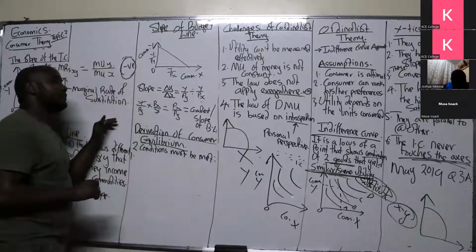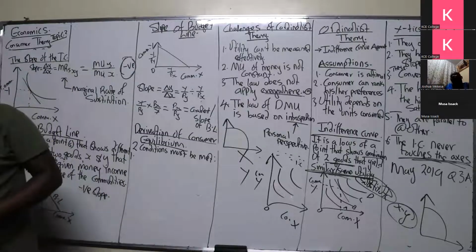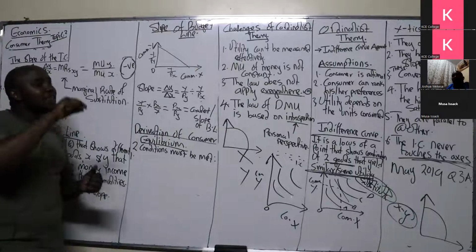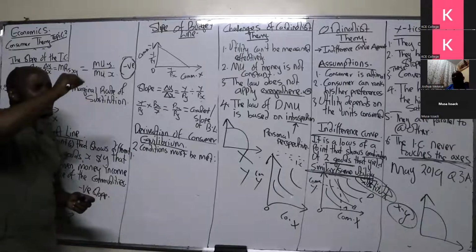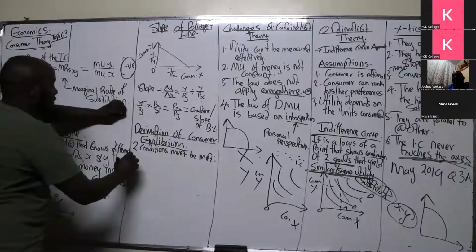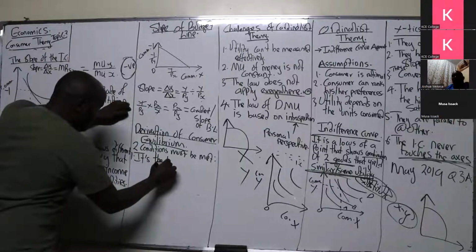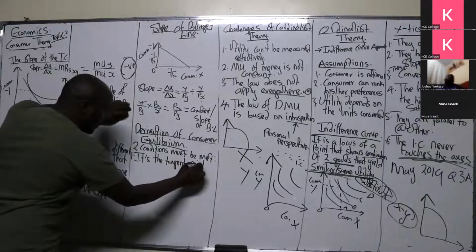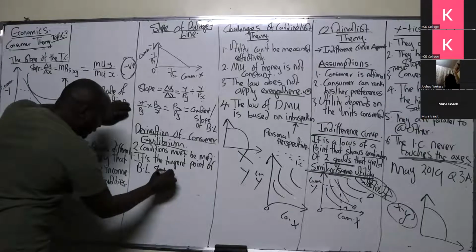Number one is that MRS is a point whereby there is tangent. It's the tangent point between the budget line and the indifference curve.